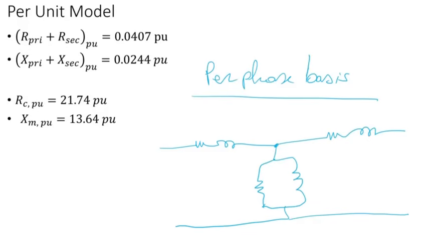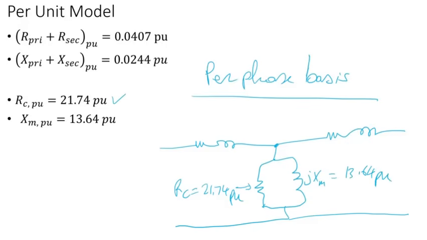This is RC, and RC is 21.74 per unit. This is JXM, which is 13.64 per unit.